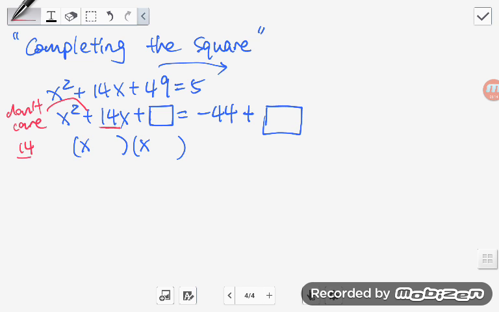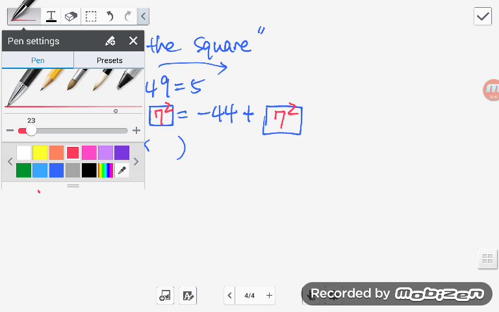Take that 14, divide it by 2, and square the whole thing. This is exactly what you put there. So 14 over 2 gives us 7, and I put down 7 squared. If I'm adding 7 squared to the left, I'll also be adding 7 squared on the right. 7 squared is 49, so on the right hand side, let me change back to blue.